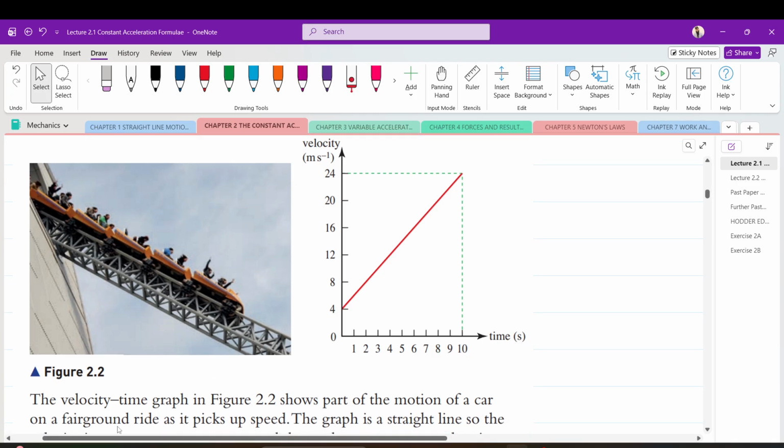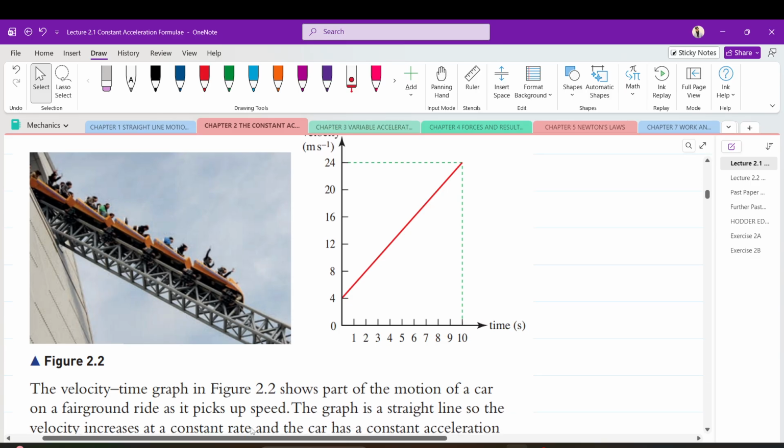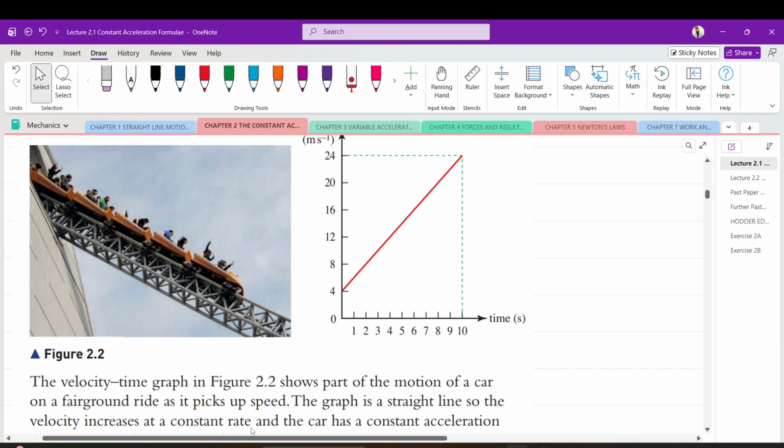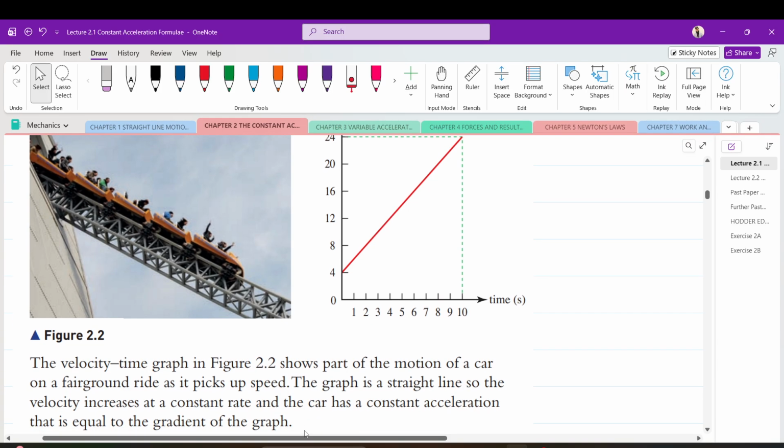Now it says that the velocity time graph in figure 2.2 shows part of the motion of a car on a fairground ride as it picks up speed. The graph is a straight line, so the velocity increases at a constant rate, and the car has a constant acceleration that is equal to the gradient of the graph.